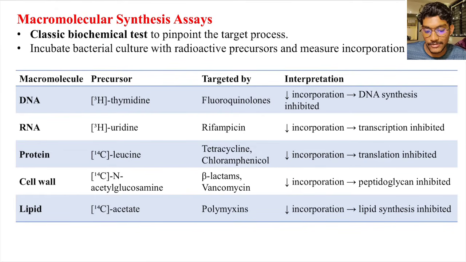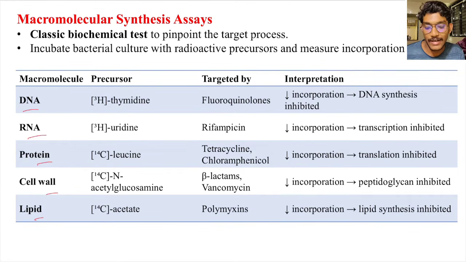So what we actually do, we will incubate the cell with radio-labeled precursor of the DNA replication pathway, RNA synthesis pathway, protein synthesis pathway, cell wall synthesis pathway or lipid synthesis pathway, and after a certain period, around 30 minutes, we will stop the reaction and check how much radio-labeled precursor is incorporated.